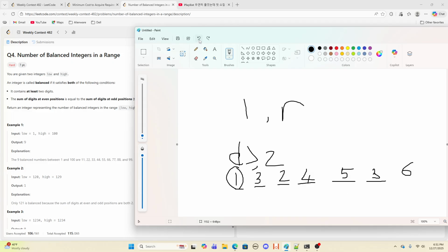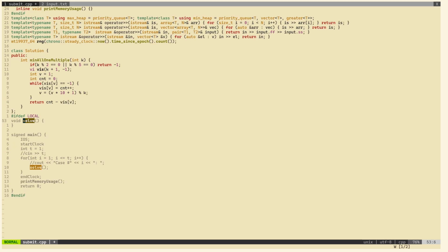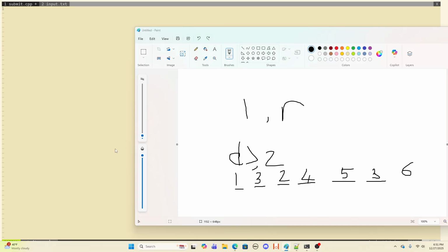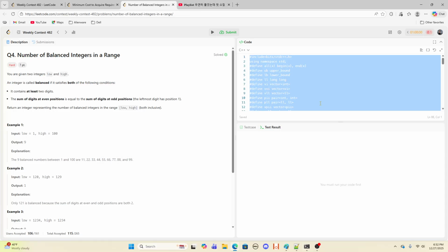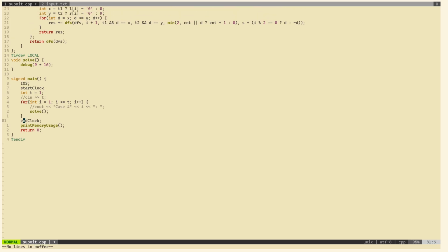So this is a standard digit DP. If you're not familiar, you can solve some of them. But if you don't know, it's very hard to do.